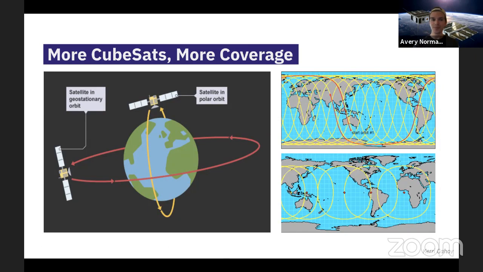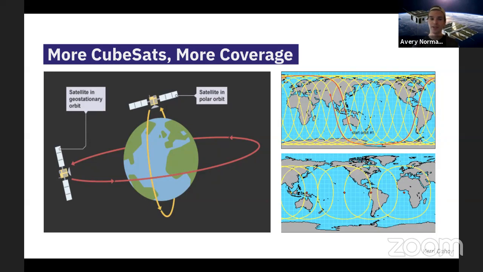This is a diagram on the left showing the different types of orbits satellites can exist in. When we think of things like Landsat, which is an imagery satellite that gets us a lot of images for Google Earth, this is in something called geostationary orbit, which is depicted on the graph on the bottom right, where the coverage isn't so great because the satellite is effectively remaining in the same place along the equator.